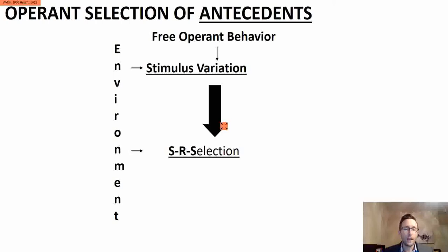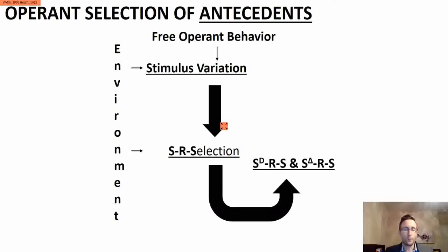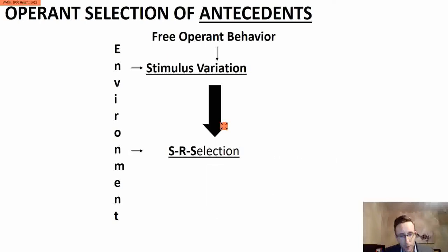Now, the behavior is going to produce consequences, right? And consequences select some responses to repeat in the future in the presence of a stimulus. Some consequences select the behavior to not repeat, or weaken, or decrease in probability in the future in the presence of a particular stimulus.